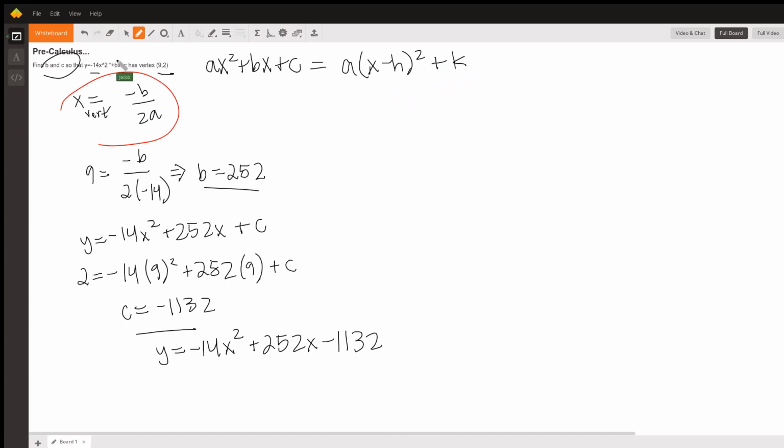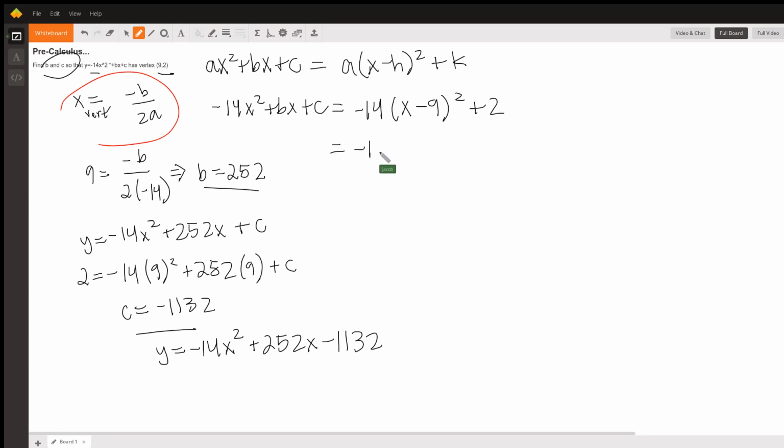So we'll take advantage of that, because if I have negative 14x squared plus bx plus c, well, that's got to be equal to negative 14 times x minus 9 squared plus 2. Now, when I go ahead and FOIL this and multiply out, obviously the negative 14s are going to cancel out, but whatever my coefficient on the x term is on the right side has to equal my coefficient of the x term on the left side. So I can solve for b that way. And the same thing, whatever the constant term on the right side is, that's got to be my constant term on the left side. So I'll go ahead and do that foiling.